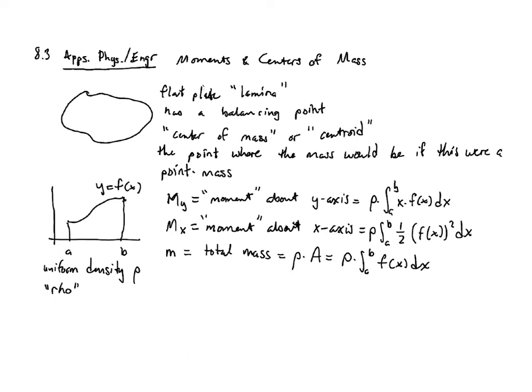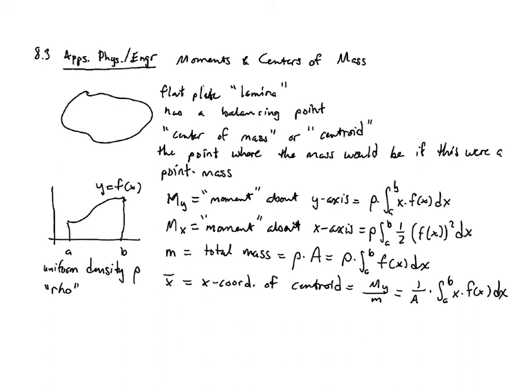And then the center of mass, or the centroid, x bar is our notation for the x-coordinate of the centroid, and that is gotten by m sub y over the total mass, which simplifies to the formula 1 over A times the integral from a to b of x times f of x dx.